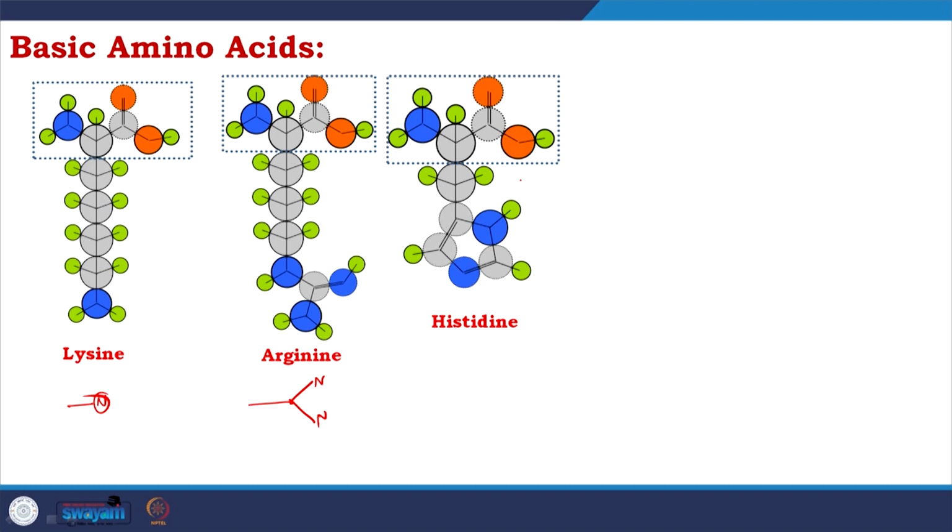So, which of the nitrogens is going to bind is very interesting to find.